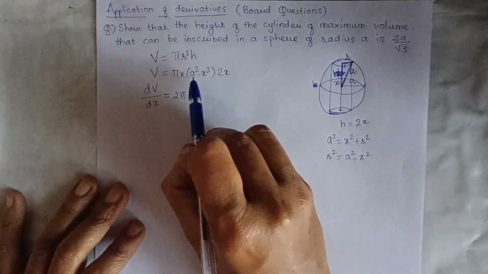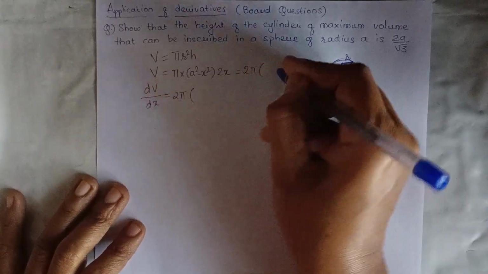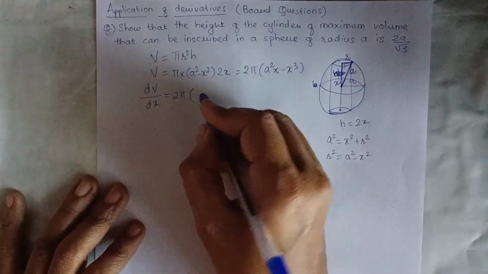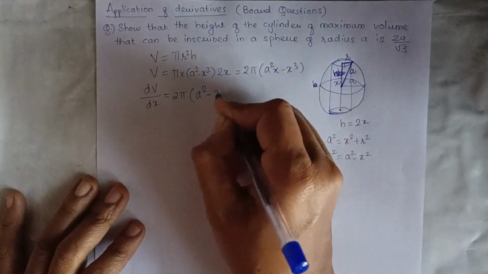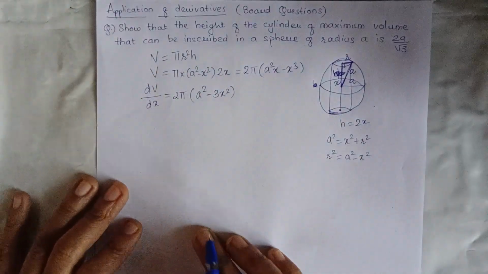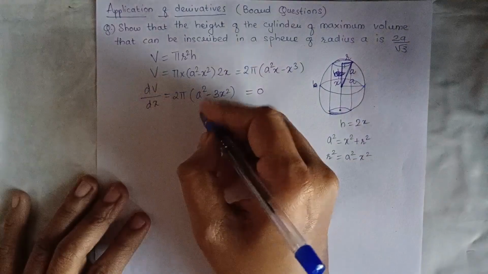If I take this x inside, it will be, correct. So the derivative is this, and we have to put it equal to 0.